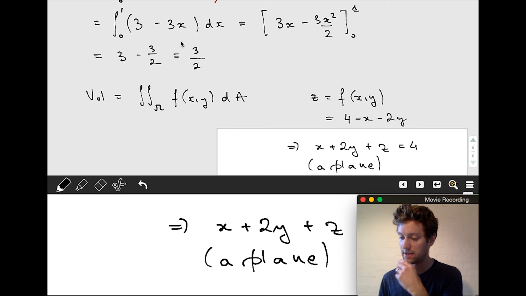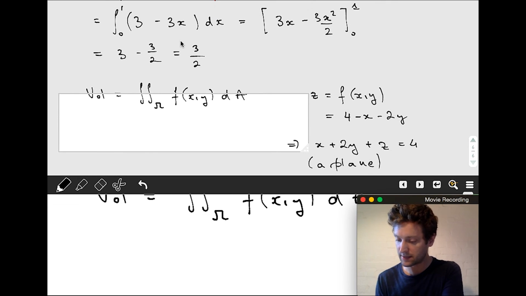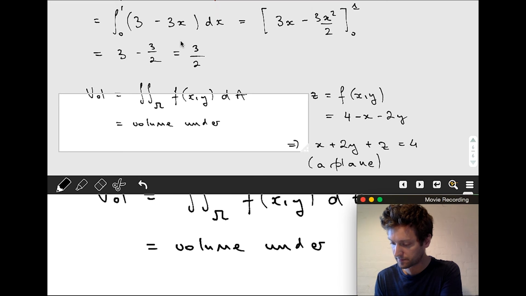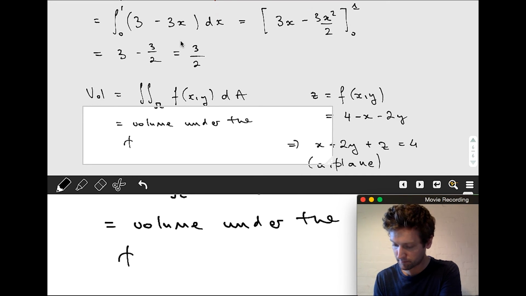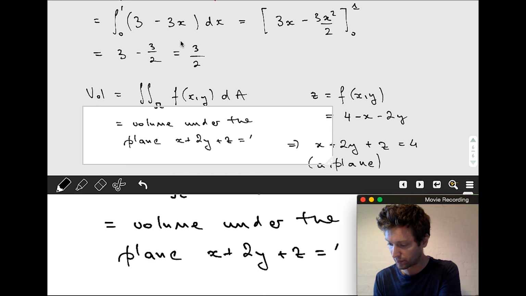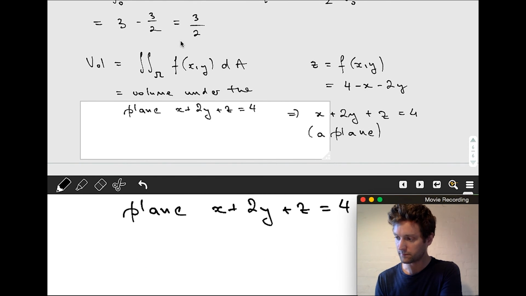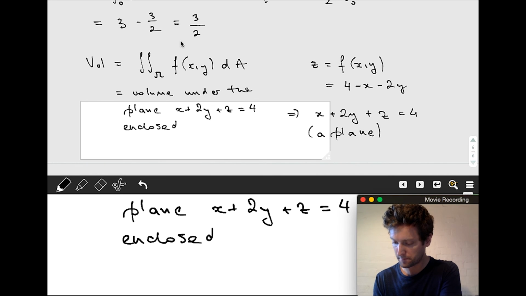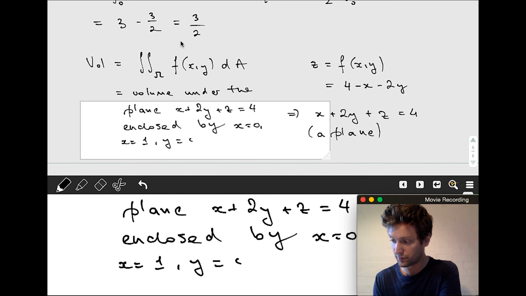It's linear in x, y, and z. So what we can interpret this volume as is the volume under the plane x plus 2y plus z equals 4, enclosed by the curves x is equal to 0, x is equal to 1, y is equal to 0, and y is equal to 1 minus x.